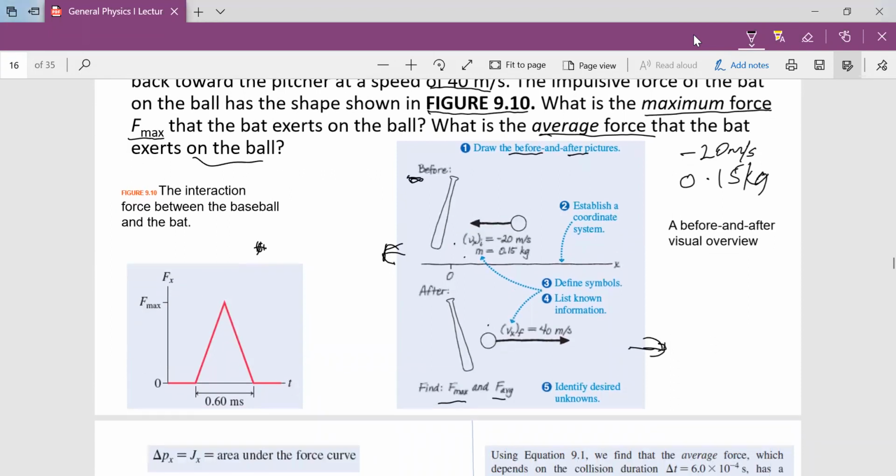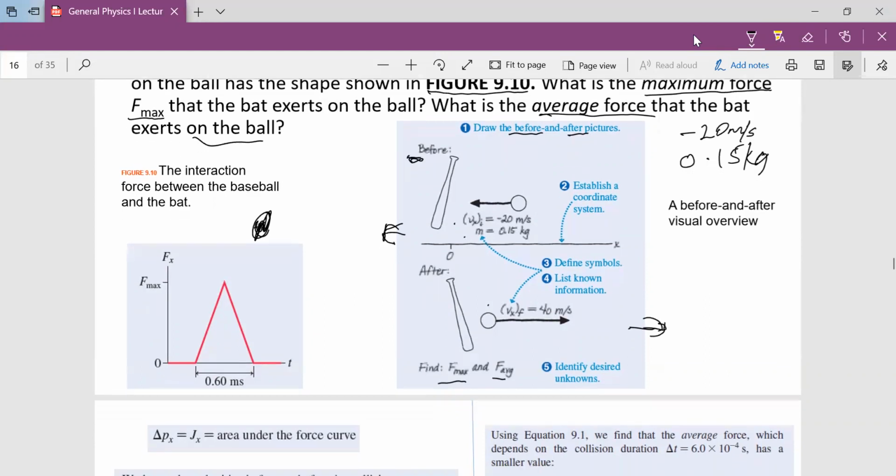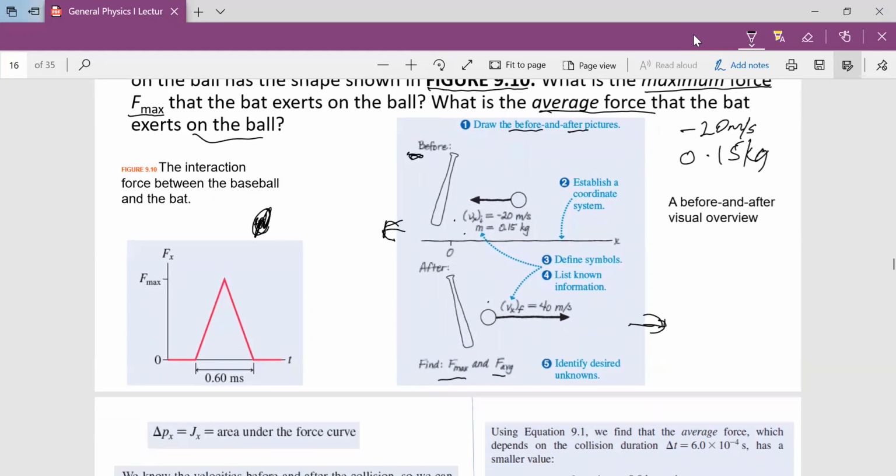Okay, so from the picture or the graph given to us, we can see the time interval, that is the change in t, for this impulsive force interaction. It lasted for 0.6 milliseconds. And we see the peak as the F max.